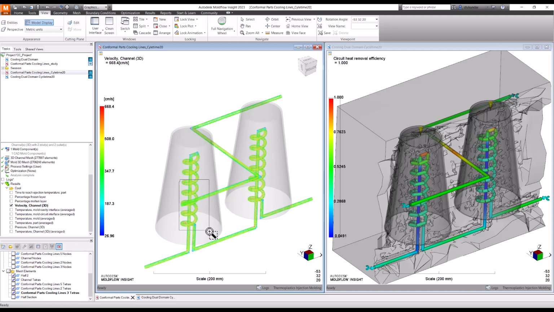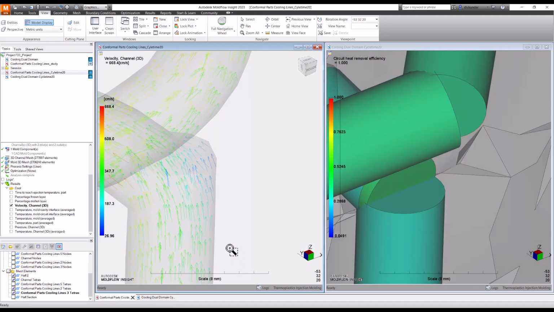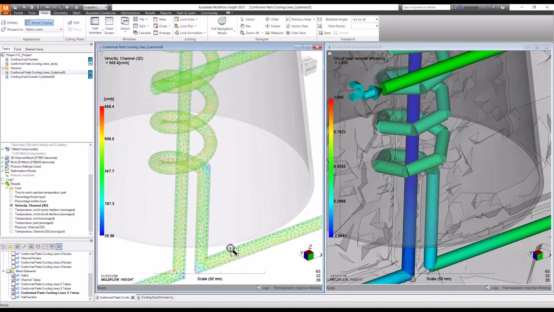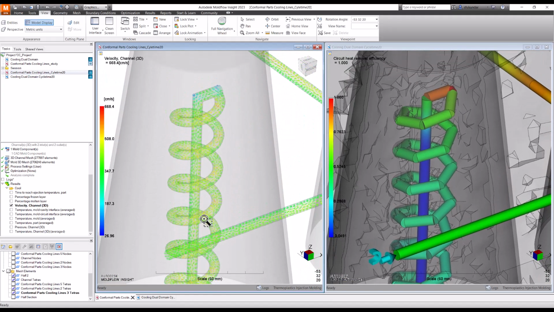Actually this will show you in a very systematic way where there are deviations or drops in the velocity, where the velocity is moving very fast. So for those areas where you are looking for stagnation, 3D will give a much more realistic approach.